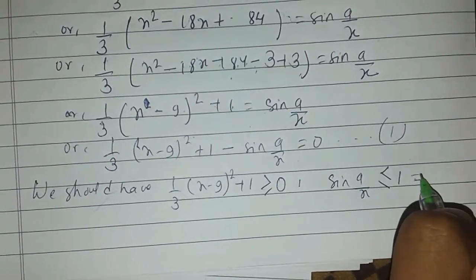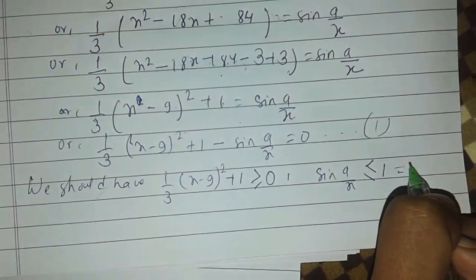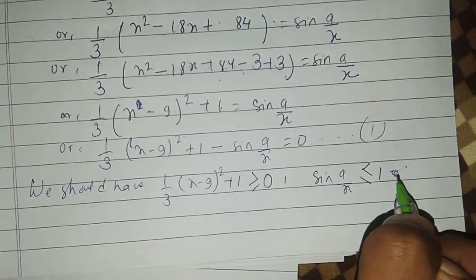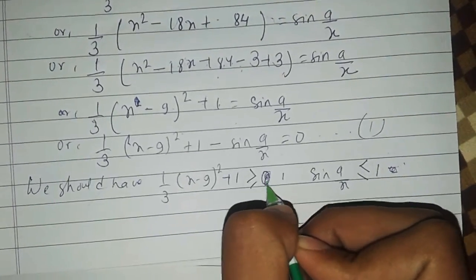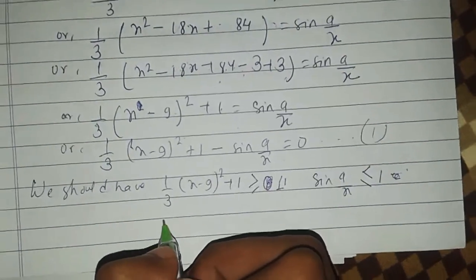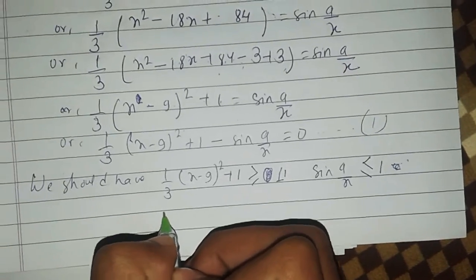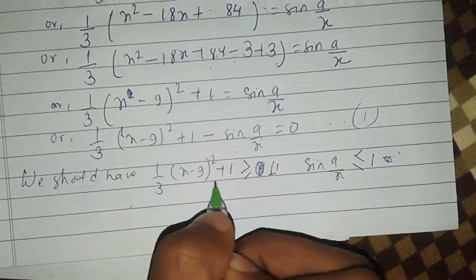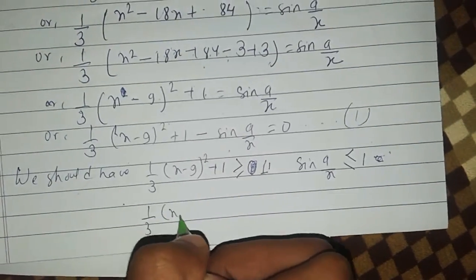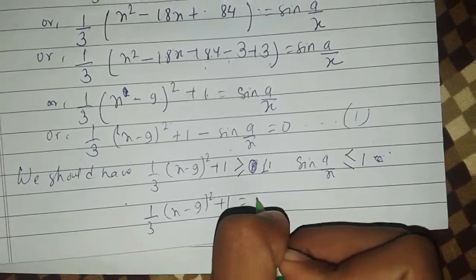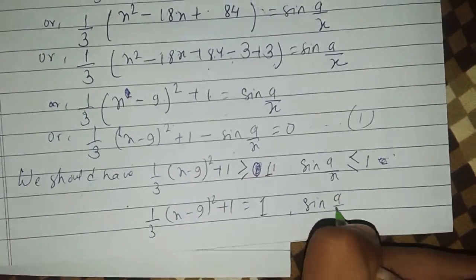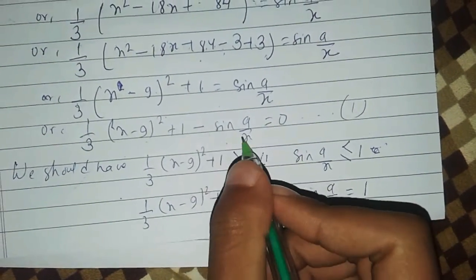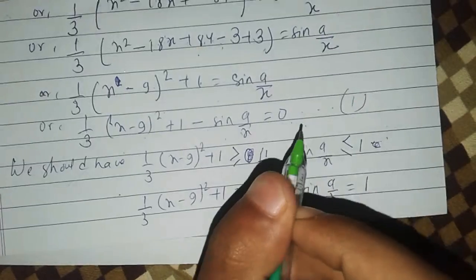So equation 1 holds true only when this is equal to 1 and sin a by x is equal to 1. When you have this value equal to 1, then 1 minus 1 is equal to 0.